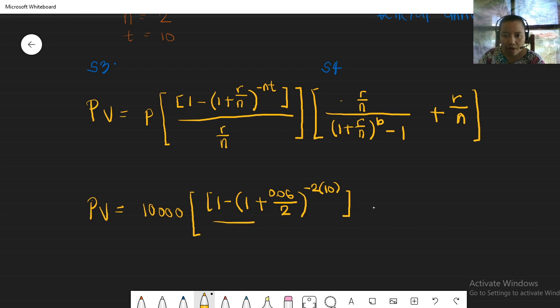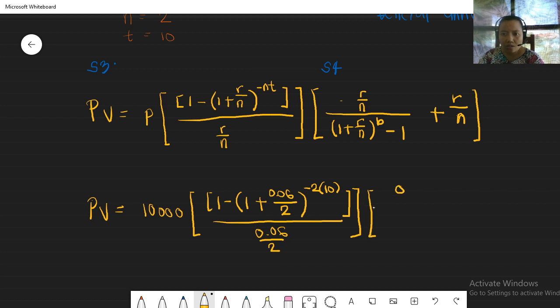Let's divide it with 0.06, our R, divided by 2, the value of N. Let's enclose it with the bracket, and then substitute again.